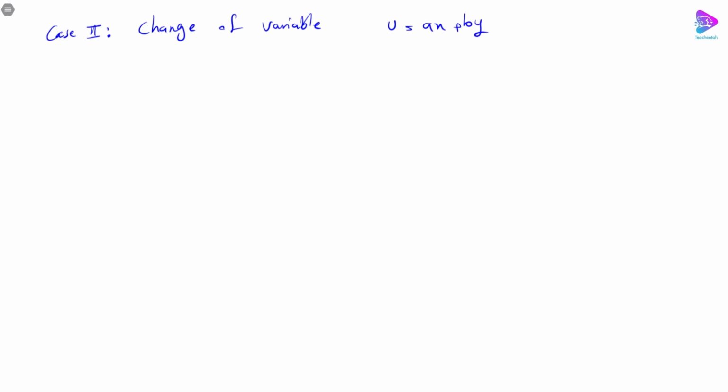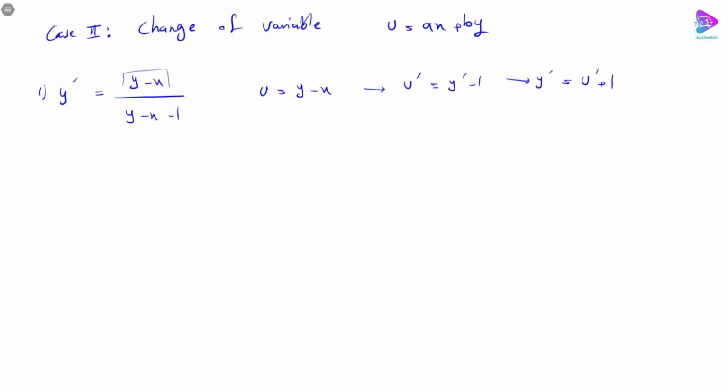Let's take a look. So example 1, y prime is equal to y minus x over y minus x minus 1. Pretty simple. As you can see, these two lines are parallel. So I'm going to define u as y minus x, the first portion, right? And therefore u prime would be y prime minus 1, or y prime equals u prime plus 1.